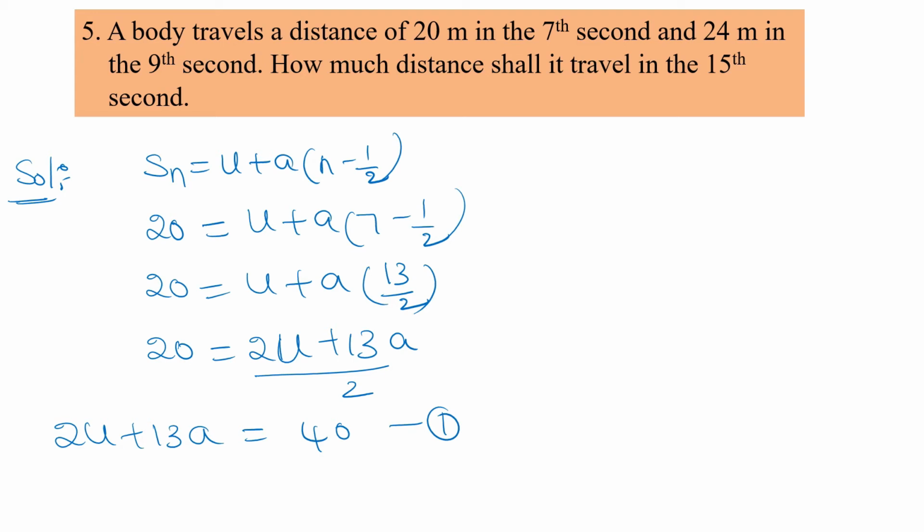The second equation is 24 meters in the 9th second. So 24 is equals to u plus a into 9 minus 1 by 2. So 24 is equals to u plus a into, 2 9s are 18, 18 minus 1, 17 by 2.